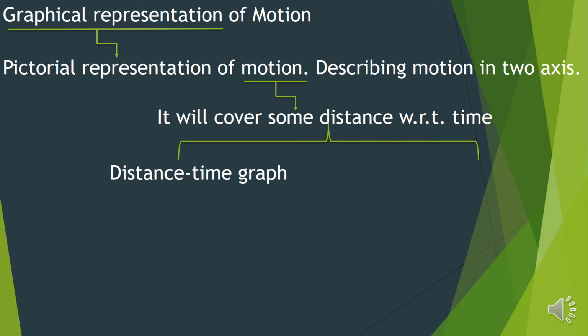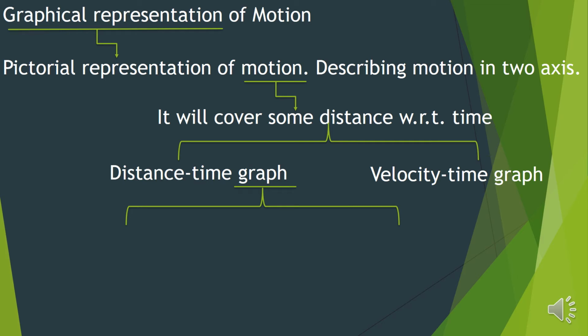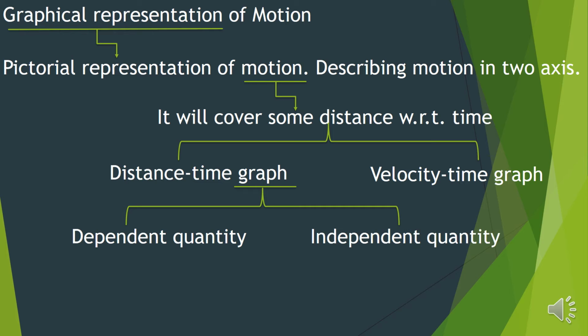One is the distance-time graph, another one is the velocity-time graph. There are more, but for your syllabus you only need to know the distance-time graph and the velocity-time graph. Now you can see the word graph over here. When we talk about a graph, we require a minimum of two quantities. To show anything in a graph, you require a minimum of two quantities. One is the dependent quantity and another one is the independent quantity.